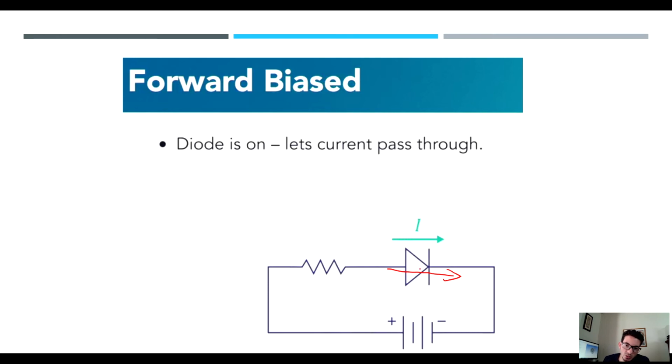Because, as we just mentioned, current and voltage cannot go the other way around, even if this is a sinusoidal wave. So to distinguish which current and voltage we're talking about, we're going to say forward bias. So the forward bias current is the current that can go through the diode in the right direction of the element.